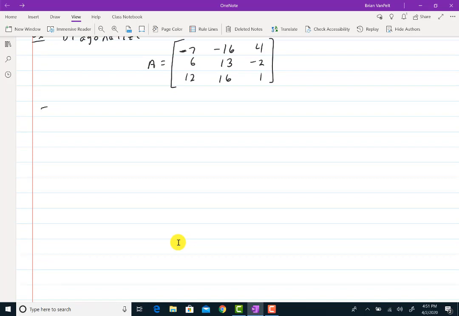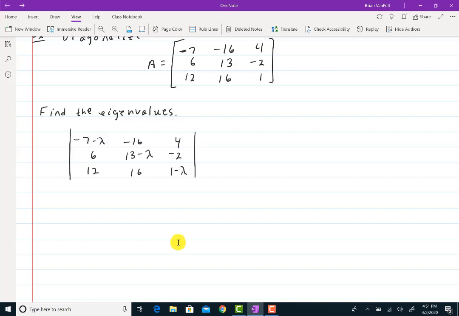So step 1 is to find the eigenvalues. And that means to find the determinant of this matrix, where you subtract lambda from the diagonal elements. Now, when I'm going to do this determinant, I see no advantage to going along any one row or any one column.